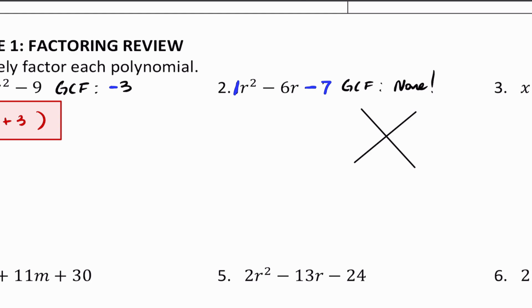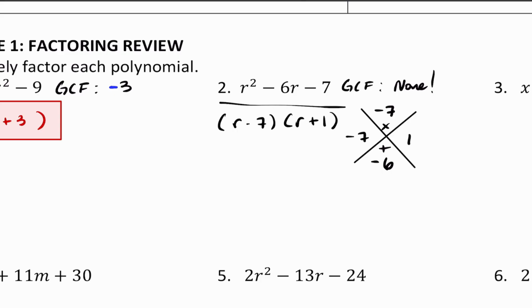So -7 is going to go up top, and then our B value is -6. So then I need to figure out 2 numbers that multiply together, it'll give me -7, but add up to -6. So it's -7 and 1. So r minus 7 times r plus 1.